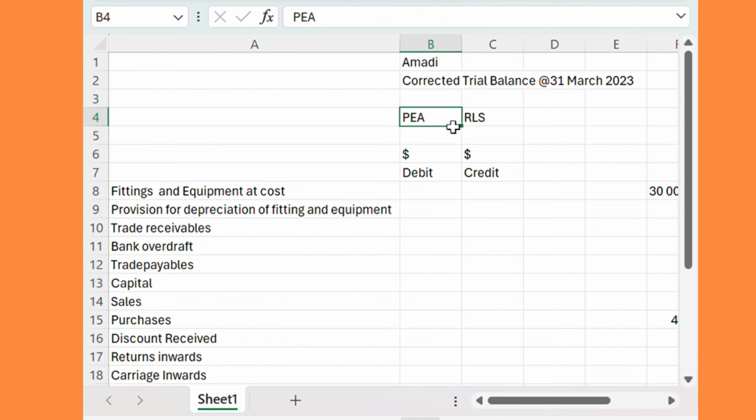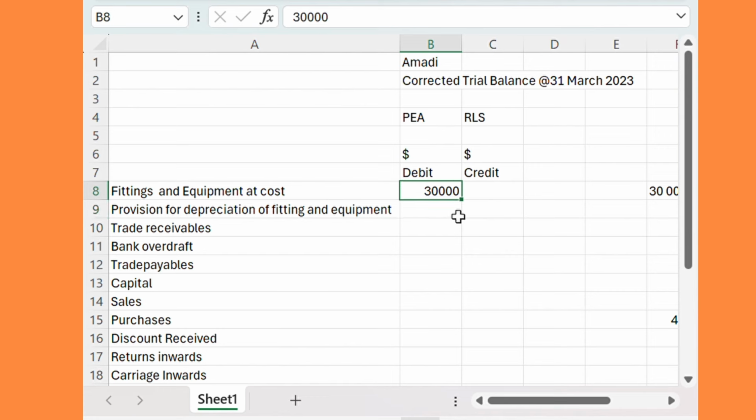So it is actually an asset, and hence it actually is on the wrong side. It needs to be on the debit if we're following the PEA, because the assets go on the debit. So we change that and put 30,000 on the debit balance.